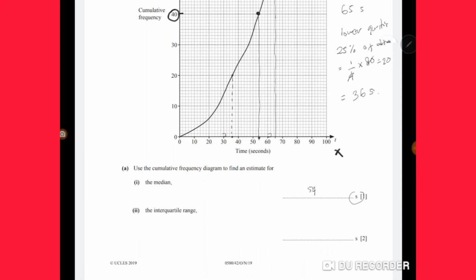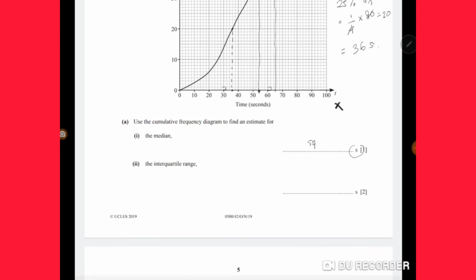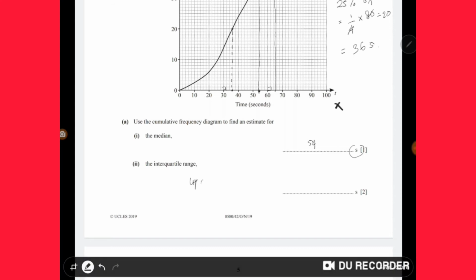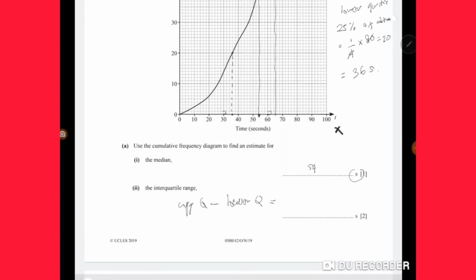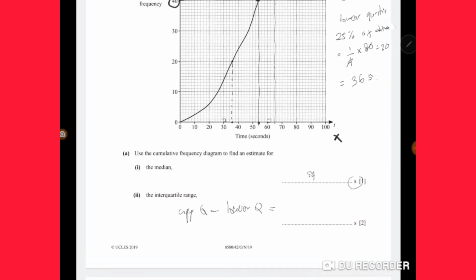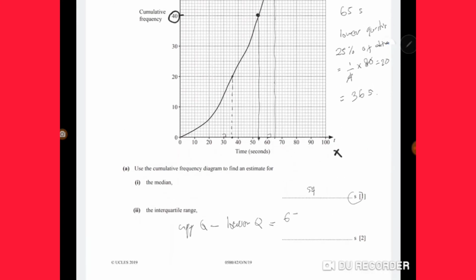36 seconds. Now, to find the interquartile range, it is the upper quartile minus the lower quartile. Our upper quartile is 65 seconds minus 36 seconds.